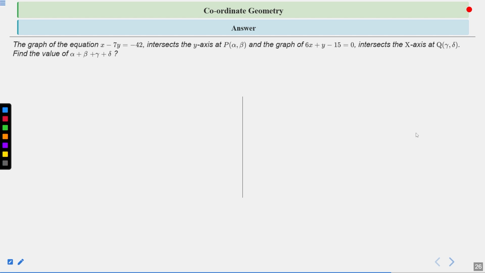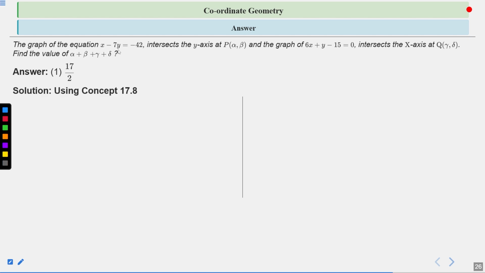The equation of the line x minus 7y equals minus 42 intersects the y-axis at P(alpha, beta), and the graph of 6x plus y minus 15 equals 0 intersects the x-axis at (gamma, delta). So we need to calculate alpha plus beta plus gamma plus delta. First we calculate the coordinates of (alpha, beta) and (gamma, delta), then we put the values in the given expression. So the correct answer of this question is the first one, which is 17 by 2.